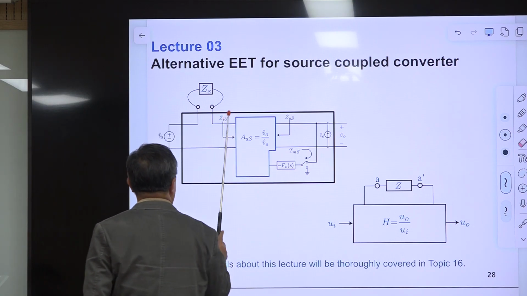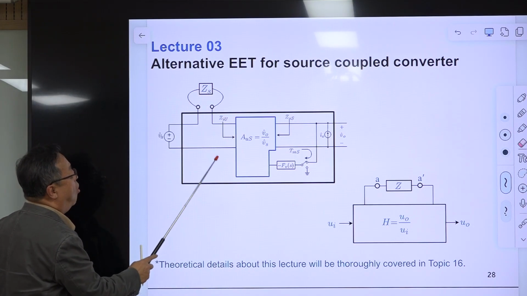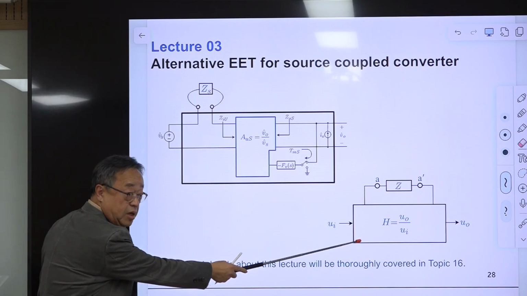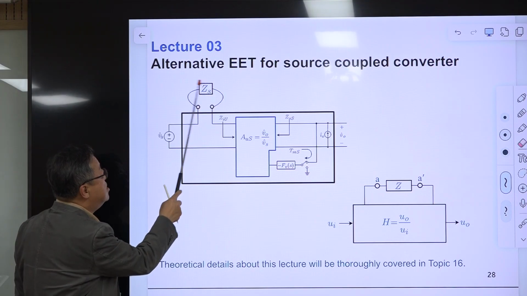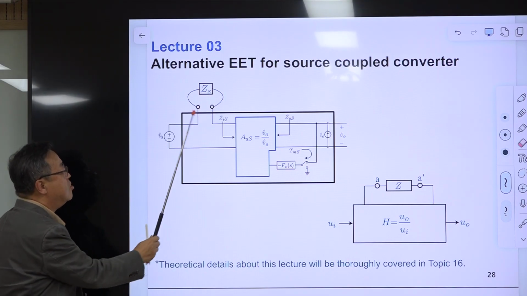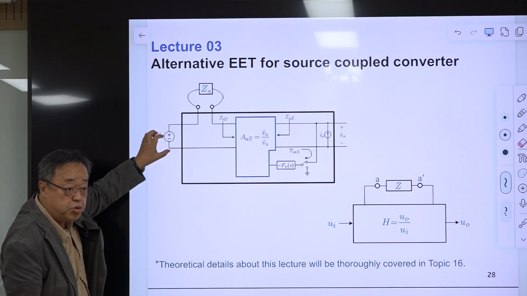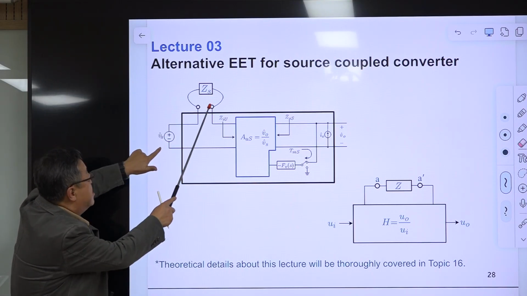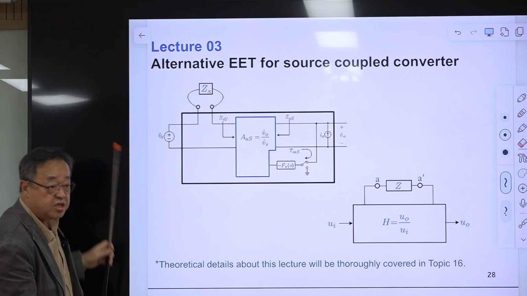So this is the practical one, and this is the EET structure. I just take out this GS. There is a GS because we are using a practical source subsystem. It has some source impedance, and it is unknown because the structure of this source subsystem is still unknown.